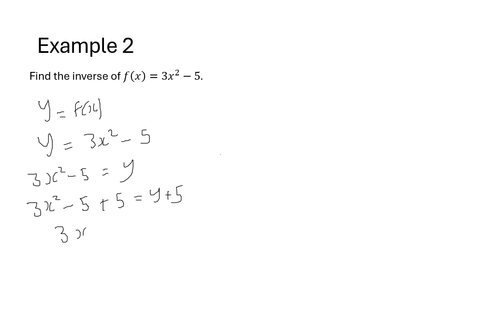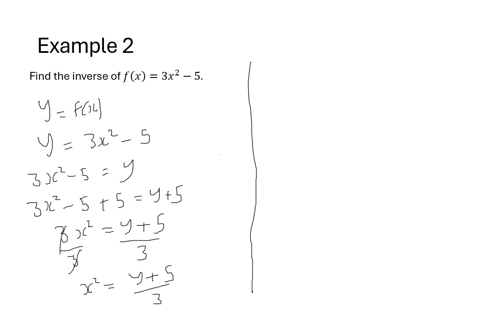Then I will have just 3x squared, because the negative 5 and positive 5 turn to 0, equals y plus 5. Then from here, I need to divide by 3 in order to find x squared. So I have x squared equal to y plus 5 over 3. Then, since the power is even, x is equal to plus or minus the square root of y plus 5 over 3.